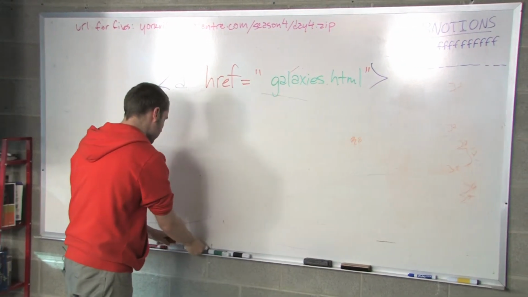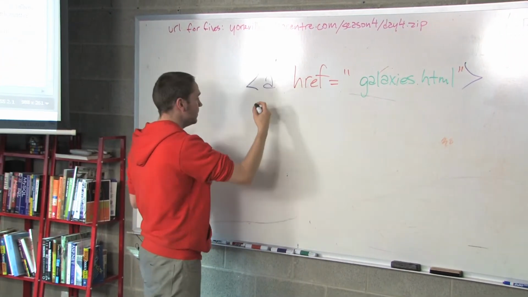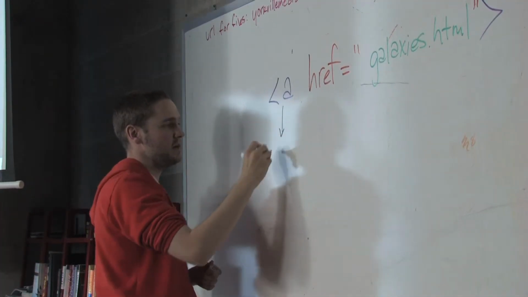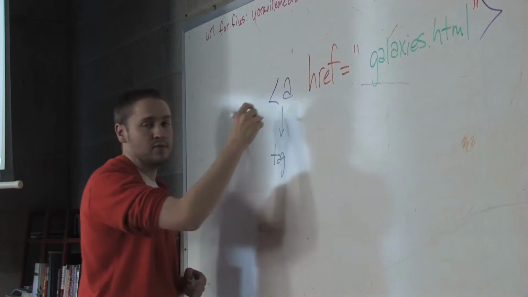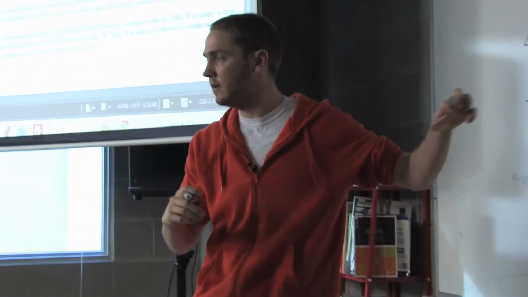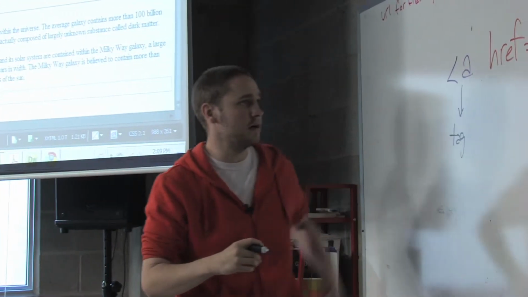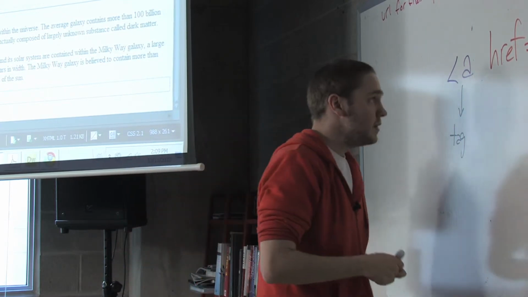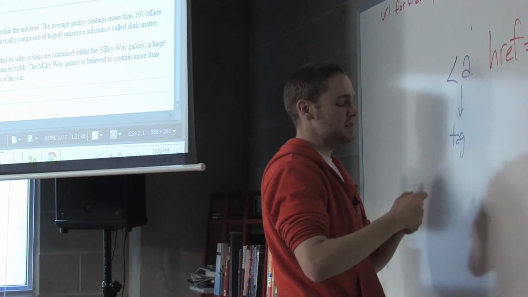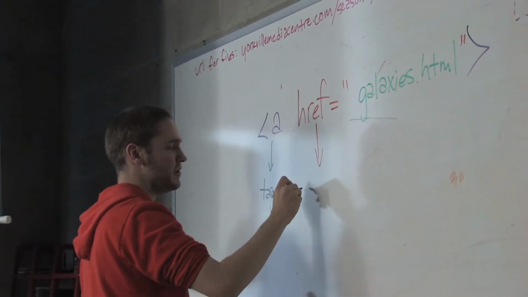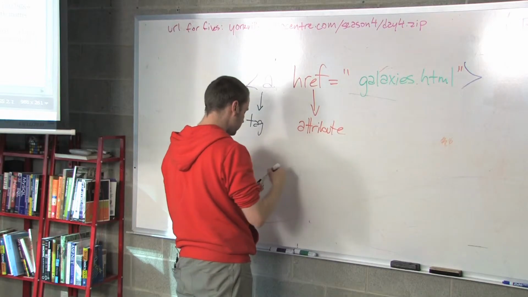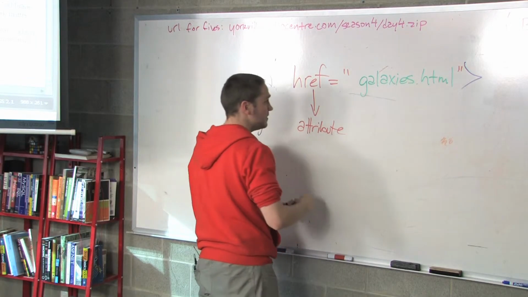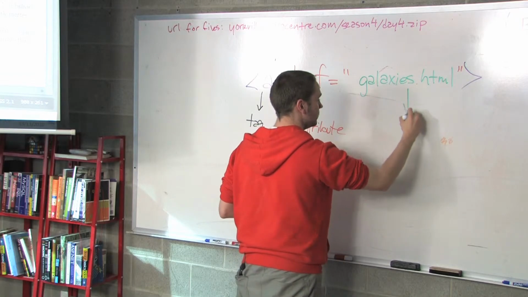So this is our tag, right? So our tag name is still the same thing, right? Our tag is what shows up at the beginning after that first caret symbol. Then what we have after that is known as an attribute, and this is known as a value.